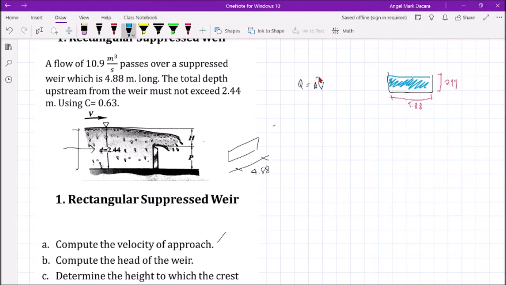So we have this area. Then we also have the discharge of 10.9. So we can find how fast the velocity of the water is behind the weir.